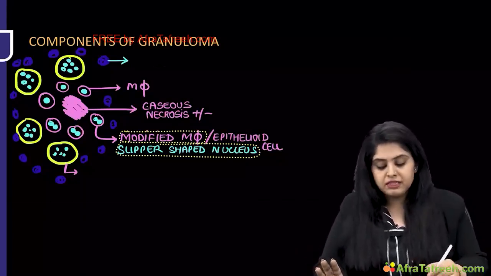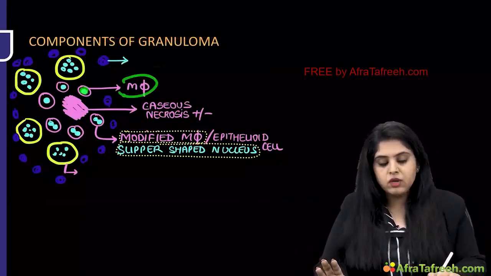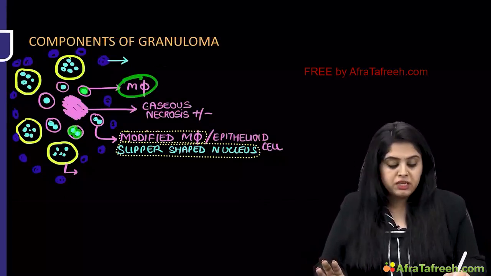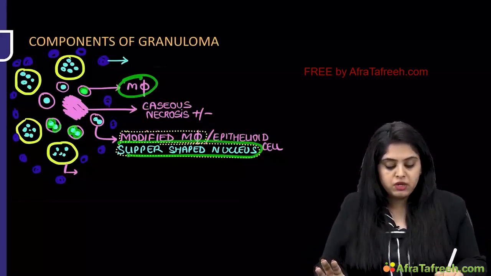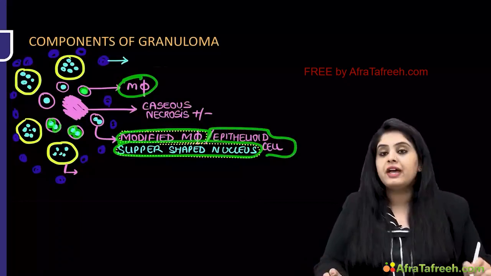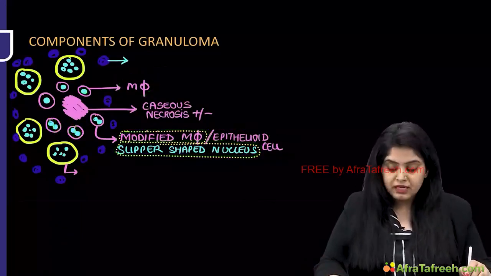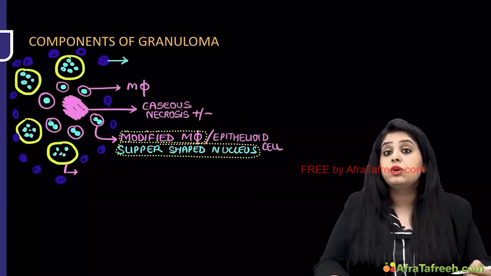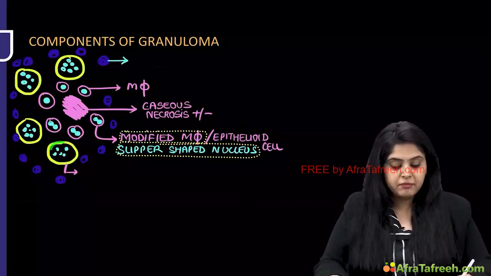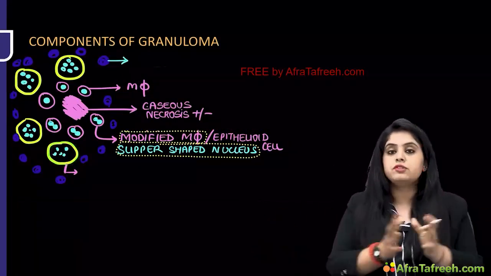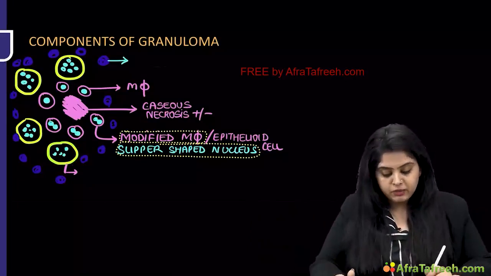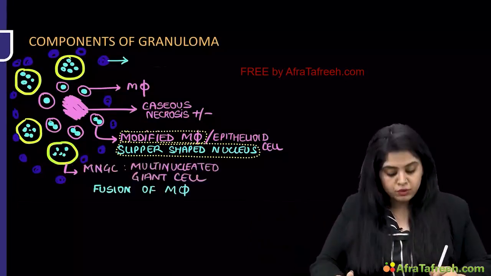So now coming back, till the time the nucleus was round, I called it a macrophage. When the nucleus became elongated or slipper shaped, we called it a modified macrophage, and that is an epithelioid cell. Now on that note, please note what else? Suddenly I say that 20-30 macrophages fused. What do you call it?